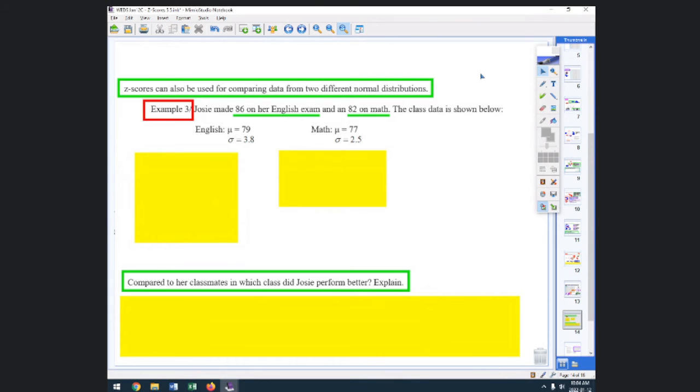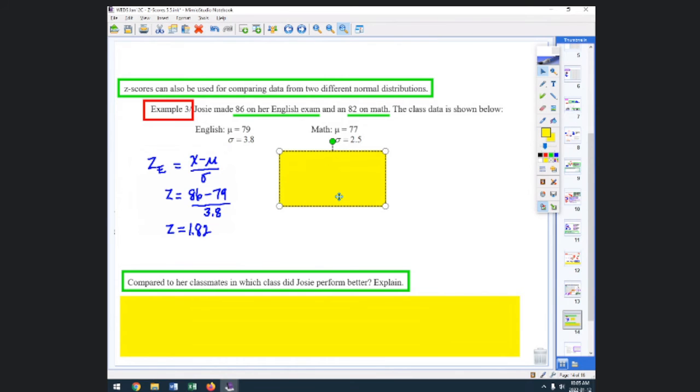The higher the standard deviation value, the greater the spread within the data values in relation to the mean. Excellent. I don't need to look at the values to know that. Somebody has calculated this for me. Okay, so I need to calculate the Z-score for both of those. English has a Z-score of 1.82 using the 86 with the mean and standard deviation for that particular assessment. And the Z-score for math is 2.